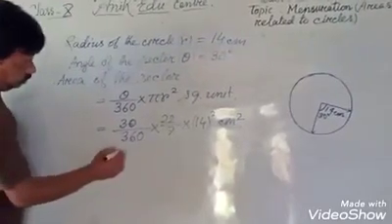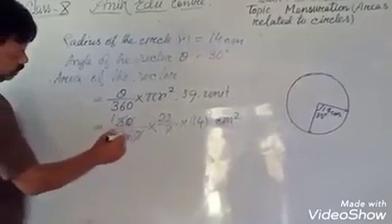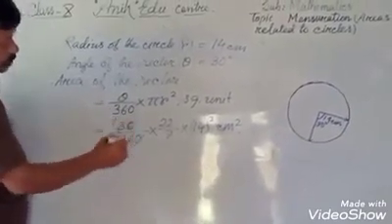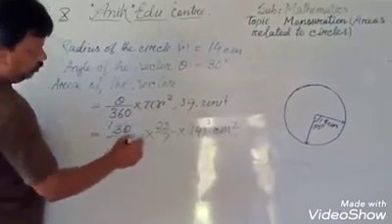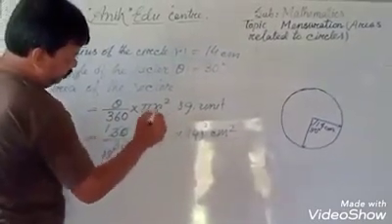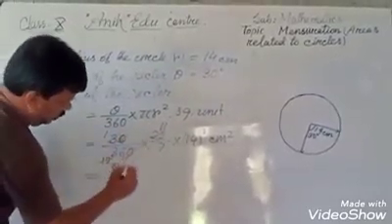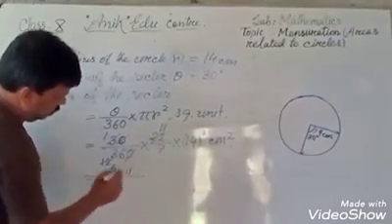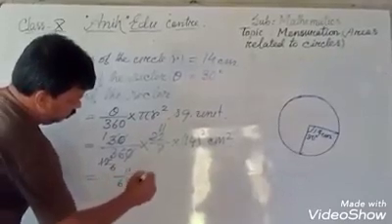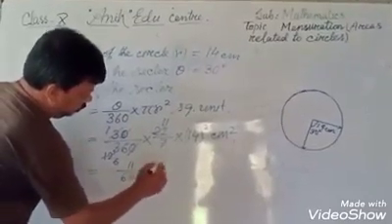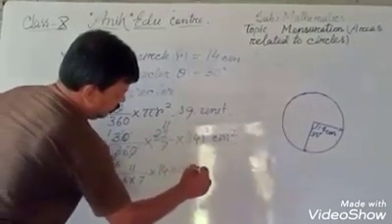Simplify this. 0 cancel, 3 1s are 3, 3 12s are 36, again 2 6s are 12, 2 11s are 22, then we write 1 11s are 11, 6 into 7 into 14 into 14 centimeter square.